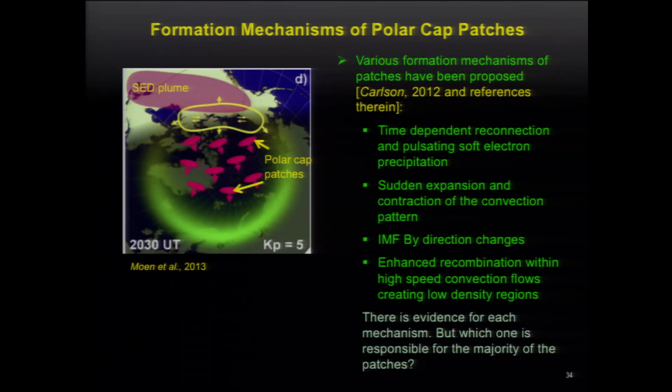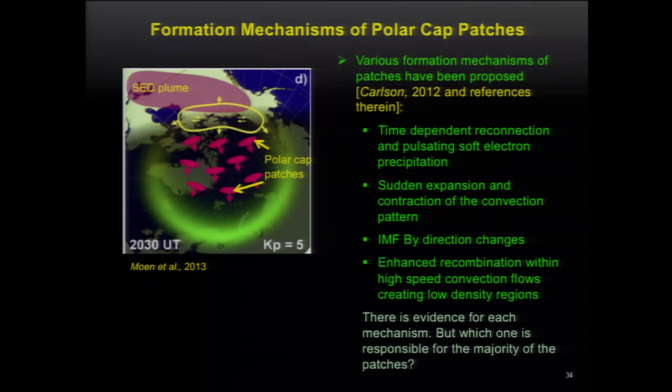In terms of the formation mechanisms, the recent paper by Carlson et al. summarized some of the proposed mechanisms, and all of them are related with transient convection changes. Let's see, the first one, time-dependent reconnection and pulsating soft electron precipitation. It actually emphasized the ionization due to the soft electron precipitation.